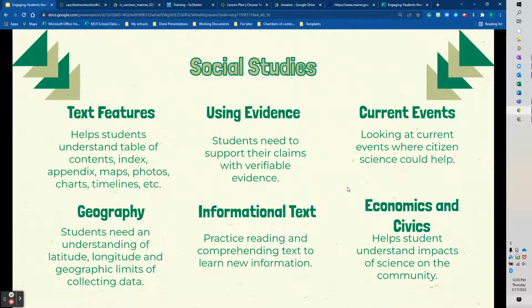If you're a coastal community and you're looking at sea level rise, that has a huge economic impact, not only on the area that you live in, but also in the inland areas that rely on the coast for goods and services. So that's another piece of the social studies aspect: it's not just gathering data or analyzing data. It's looking at what is the impact of this at a global scale or a local scale or even a statewide scale, to whatever your issue is that you're researching.